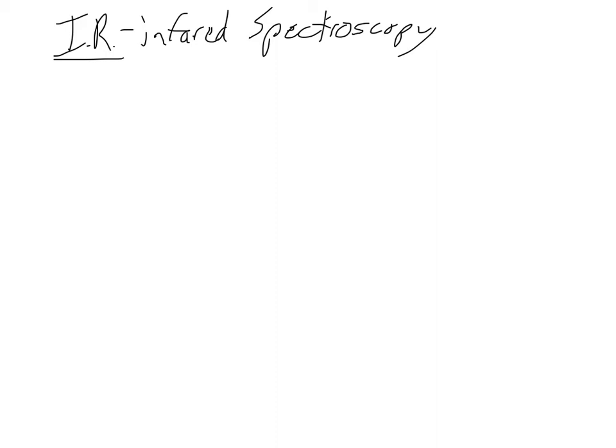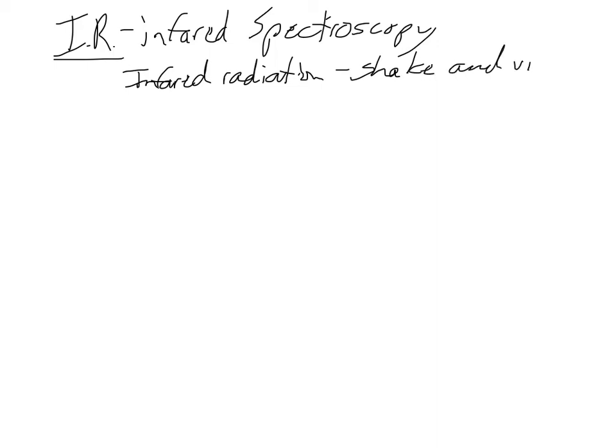So in infrared spectroscopy, we hit a molecule with infrared radiation. It will shake and vibrate bonds. It doesn't break bonds. Mass spec broke bonds. IR just shakes and vibrates them.